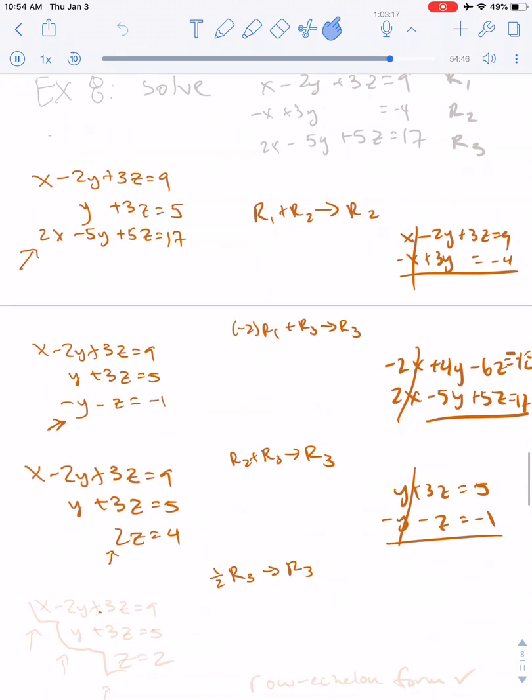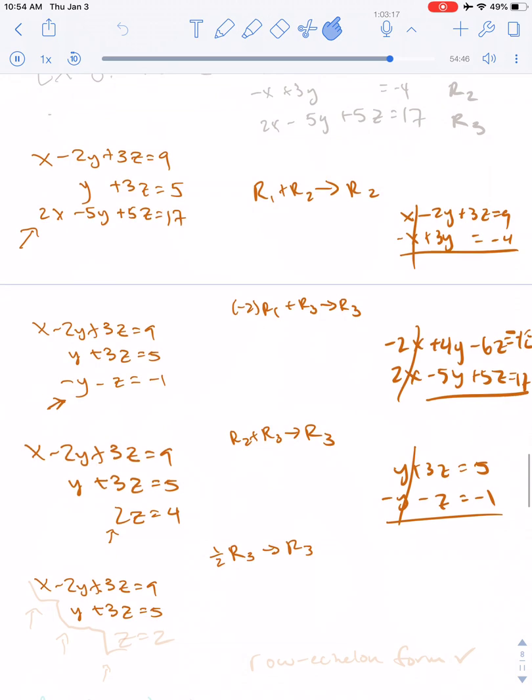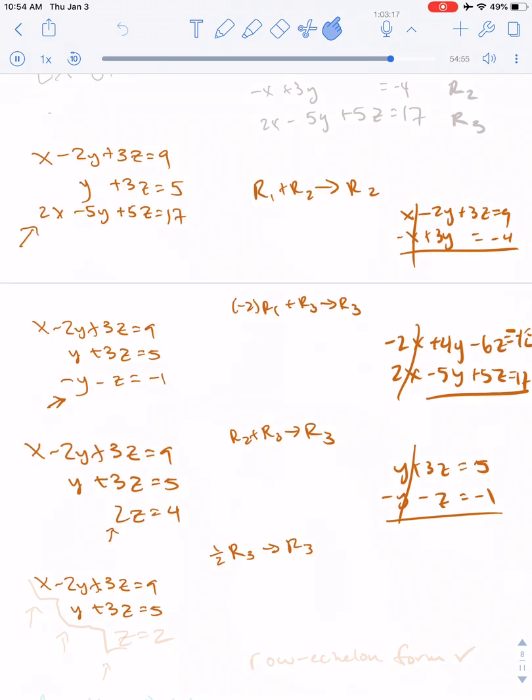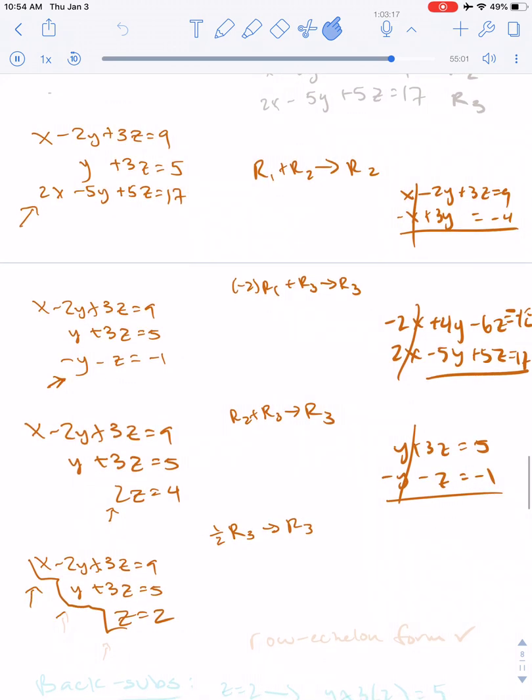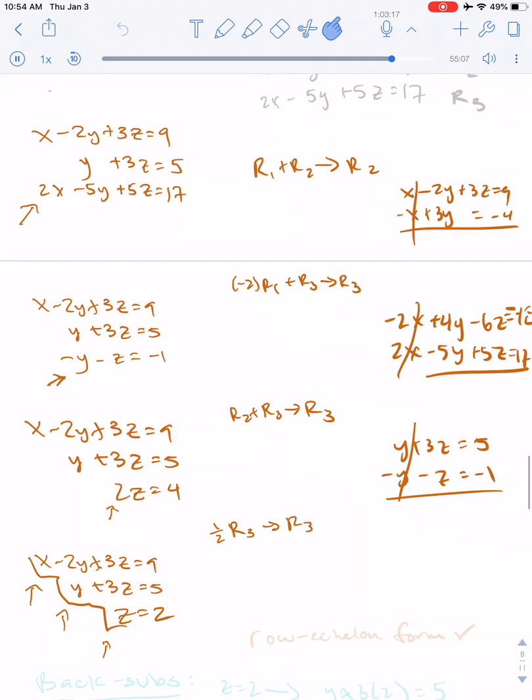So now, let me paste that one. My new row 3 then is z equals 2. Awesome, we got it in row echelon form, staircase pattern, coefficients of 1, and therefore this is in row echelon form. But that wasn't what they were asking.